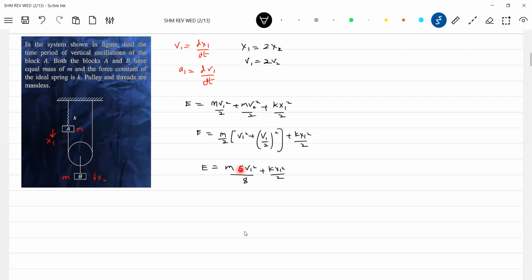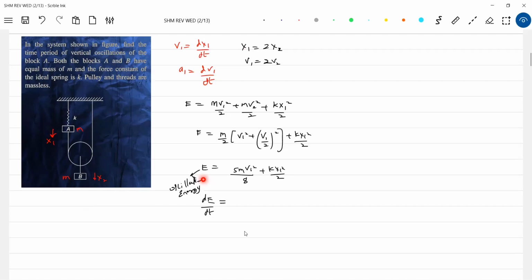Let me differentiate this. 5V1. Total oscillation energy. This is oscillation energy. From where will this oscillation energy come? External agent. You will come and pull the block B. That will become oscillation energy. If I pull this block B by some distance and I release, I am going to spend energy.